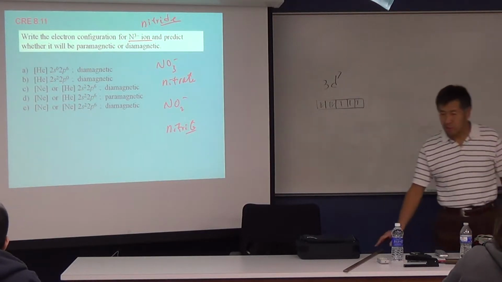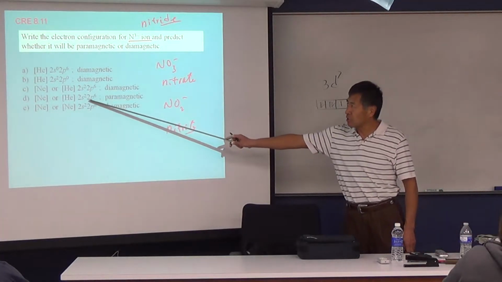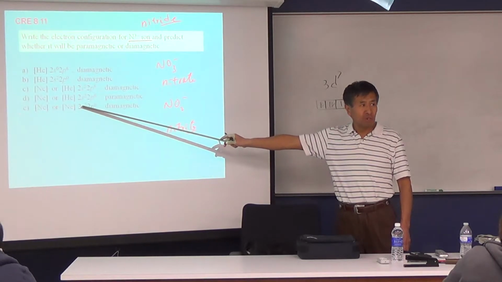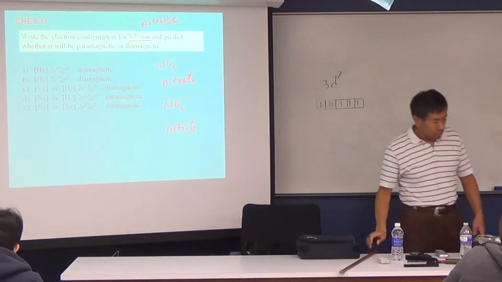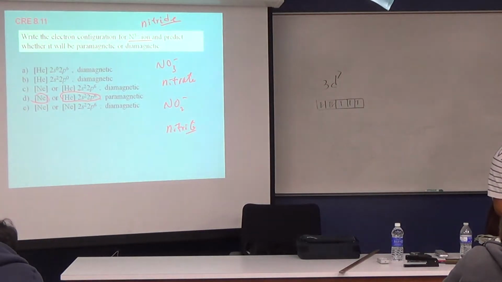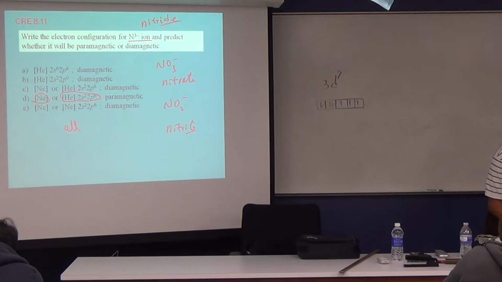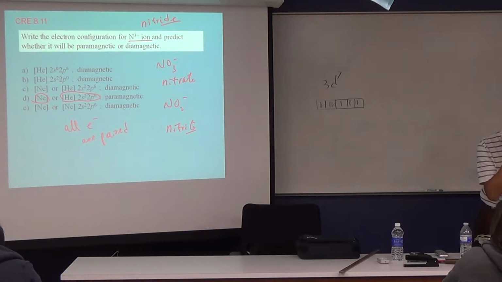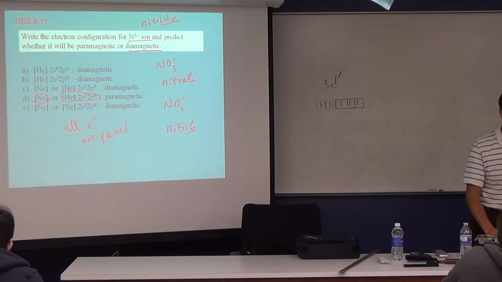So if you have this kind of configuration, either C or D, all the electrons are paired up. If all the electrons are paired, that means your ion or atom is diamagnetic.